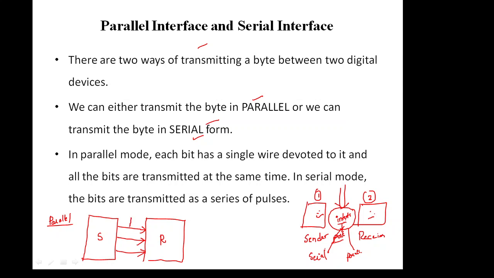These are the communication lines between the sender and receiver. Suppose I want to transfer 0, 1, 0. In this line 0 will be transferred, in this wire 1 will be transferred, and in this wire 0 will be transferred. This is how the data is transmitted from sender to receiver parallelly. So this diagram shows a parallel transfer of data. Fine. So here we have a data bus of 8 bits.